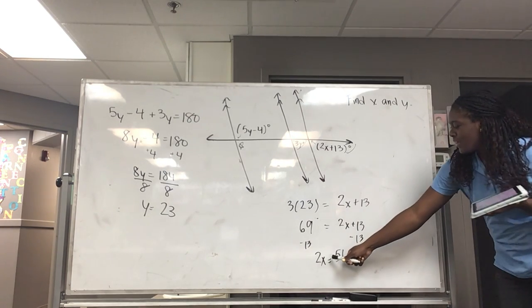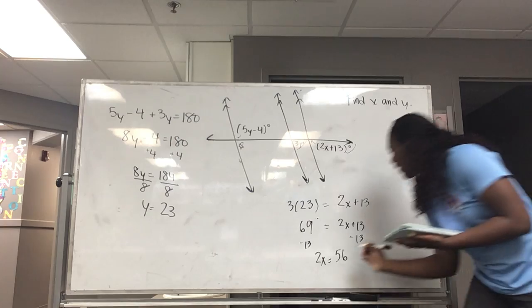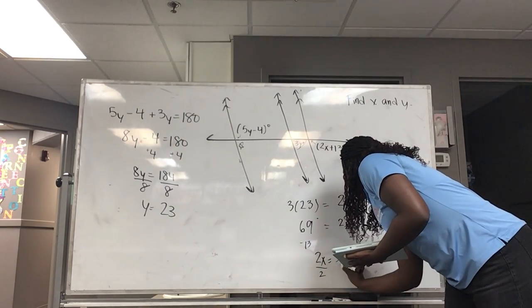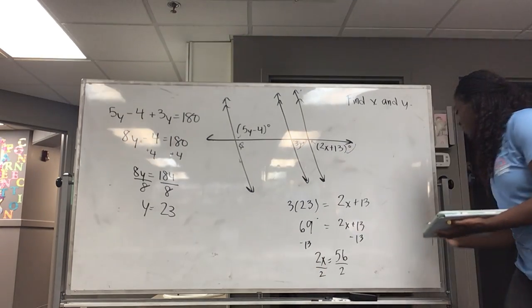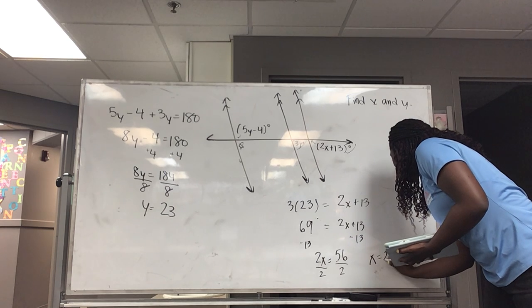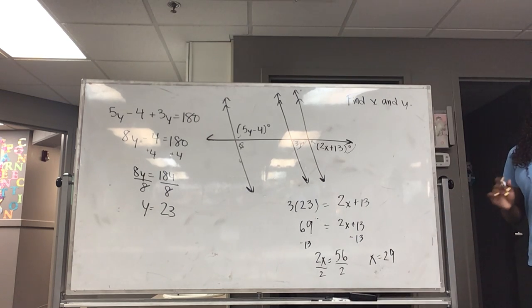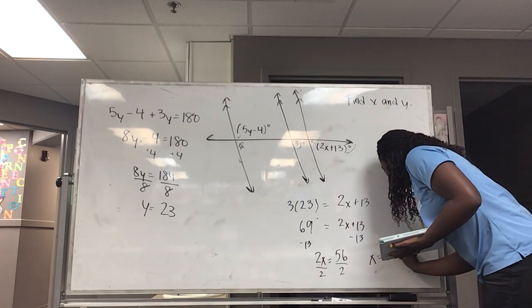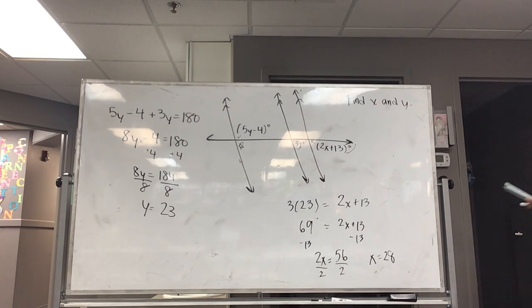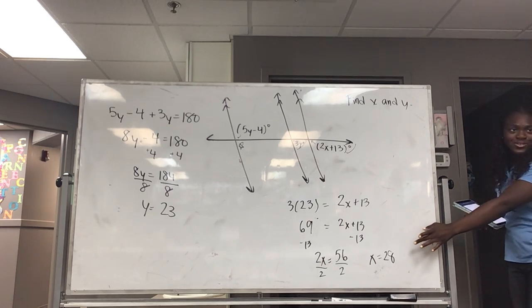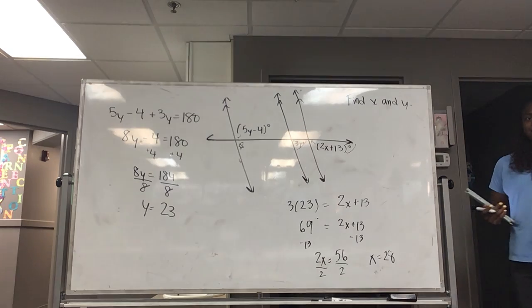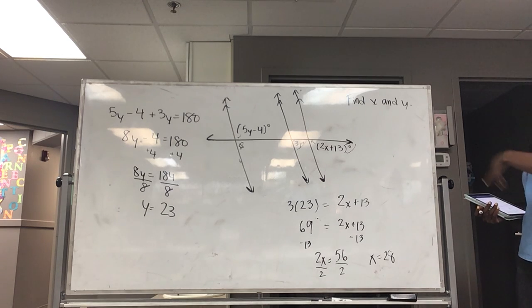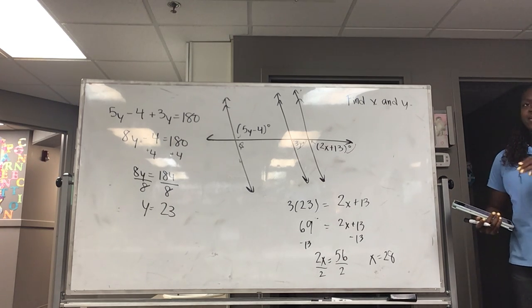So it should be 2x is equal to 56, and then if you divide by 2, you should get x equals 29. Is that right? I got 28. 28, sorry. Okay, x equals 28. You guys have any questions about how we found x or y, or just anything?